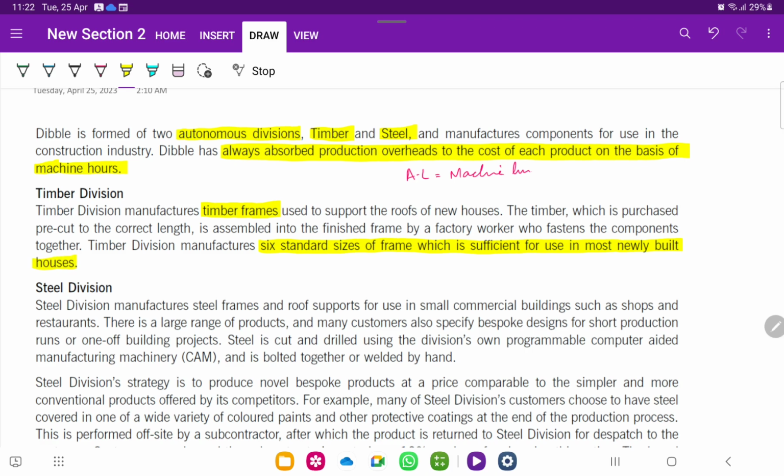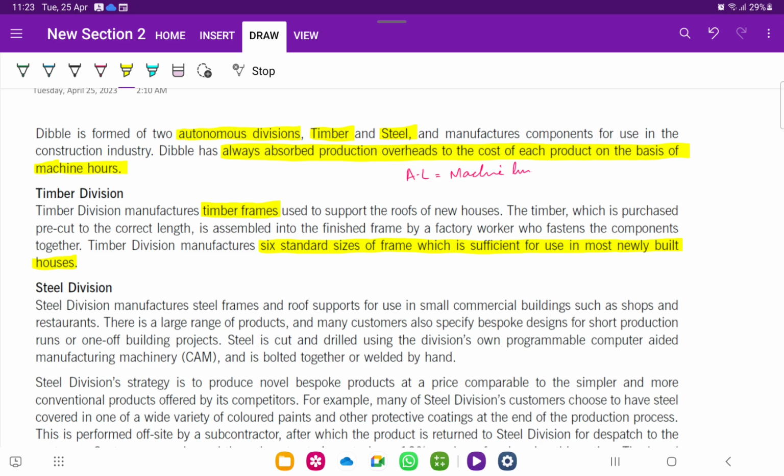So try to pause this video and think what we can understand from this particular line. See, if the question is saying 6 standard sizes of frame, that means your number of sizes is not going to change, right? And standard probably reflects a standard kind of product.